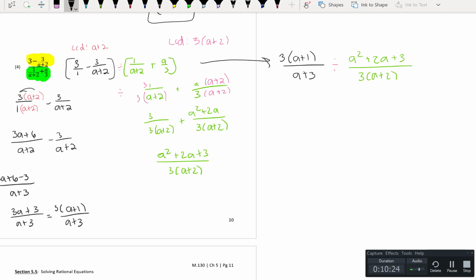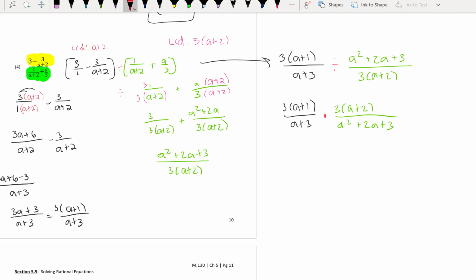Now I'm going to rewrite it so it's multiplication, and I'm going to write the reciprocal. So 3 times a plus 2 is now on top, and I have that a squared plus 2a plus 3 in the bottom. Let's see if anything can cancel out here. It looks like nothing really cancels, so everything is going to be a part of my final answer.